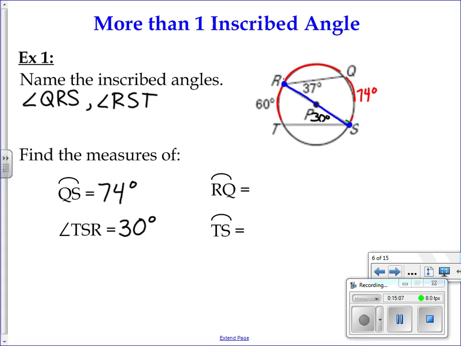Splits the circle into semicircles. So I know that this entire measure is going to be 180. So if I know that's 180, that's going to help us find our RQ because I can subtract 180 minus 74 that we found earlier. That will give us our missing measurement. So that will be 106.